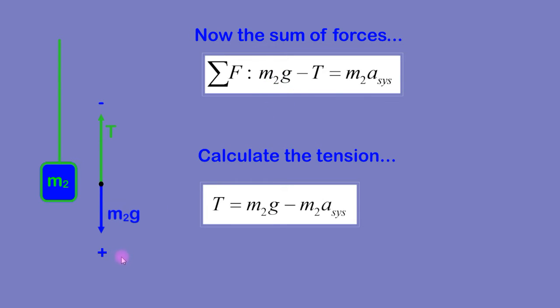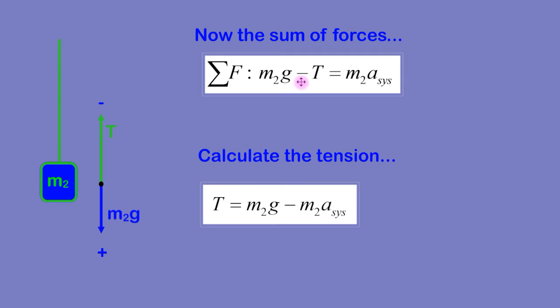Down is positive. Down is positive because we chose to make this arrow, which was M2G, positive in the system. It's very important to keep that plus and minus sign the same. So if we said in our system that M2G was positive, then in our part it also has to be positive.